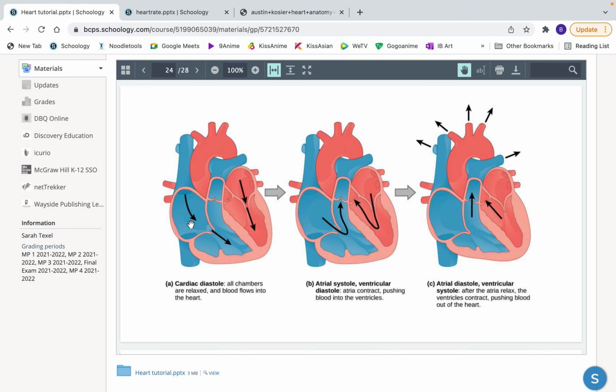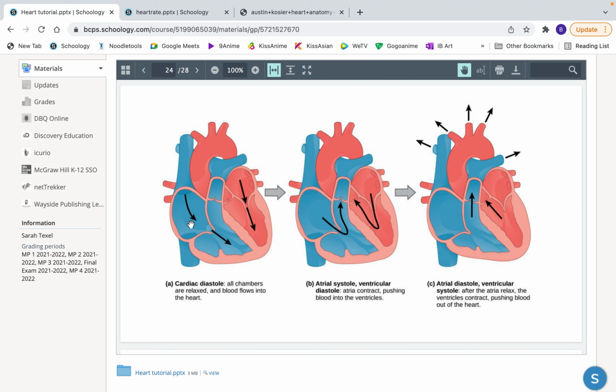The reason why we have valves in general is to prevent backflow. So backflow is just when blood goes back to where it was before. We never want that. That's not good. We want one direction. And that's the purpose of valves. And that's the same as valves in veins. Valves in veins and in the heart ensure circulation of blood by preventing backflow.